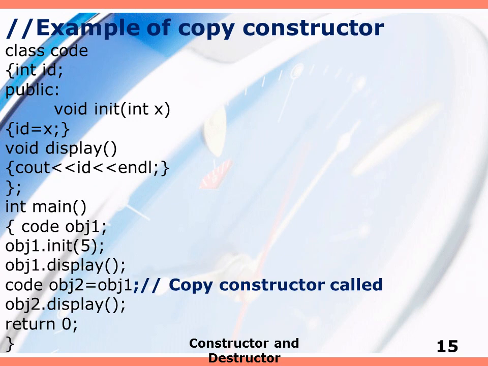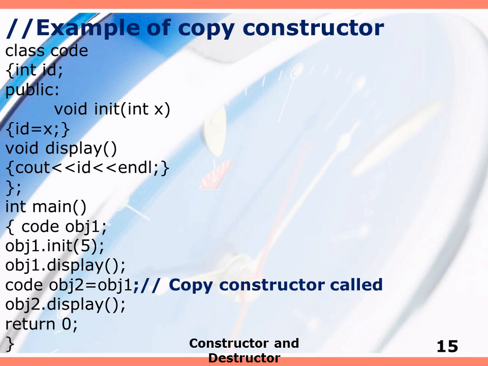In this example, we have a class called code. ID is the data member. In the public section, we have an init member function, which initializes the value of the variable ID. In the display function, we are displaying the value of ID.